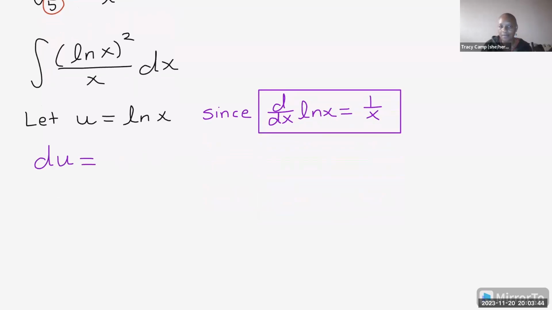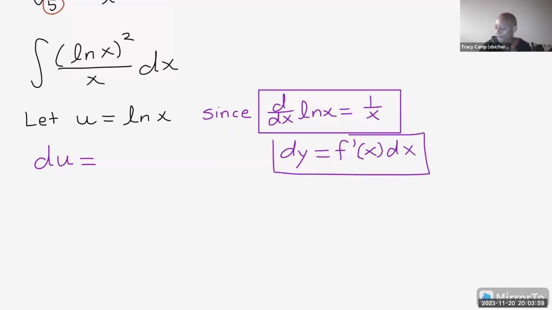So I'm using this little formula for the differential, f prime of x dx. I'm using that same formula.